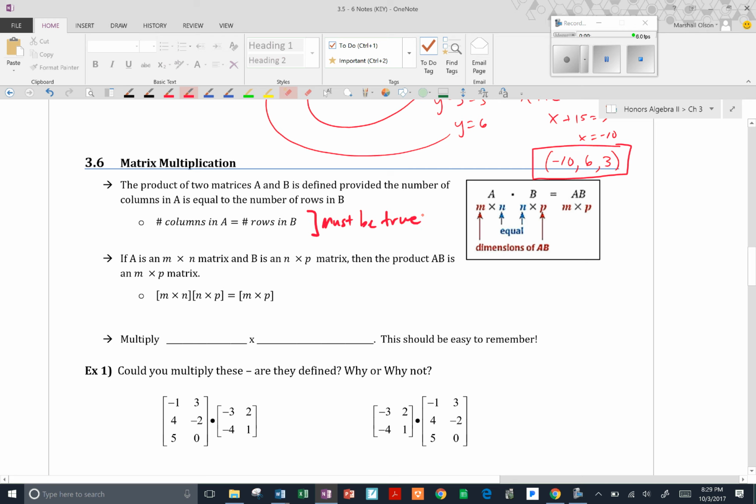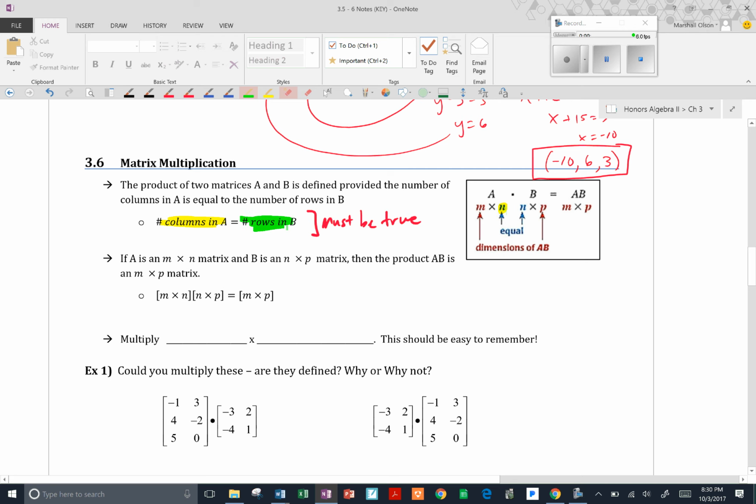Okay, the best way to check for that is kind of what this is showing right here. If you write out the dimensions of matrix A and the dimensions of matrix B, put them side by side like that, then you can compare these two numbers right here. Those are the two numbers that we just talked about. The number of columns in A would be, since we say rows by columns, that n that I've highlighted in yellow right there.